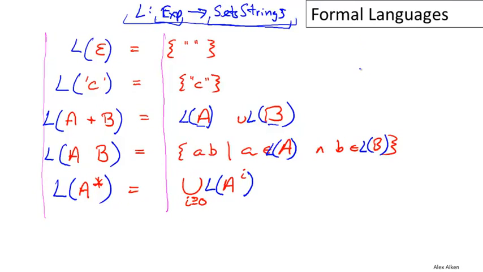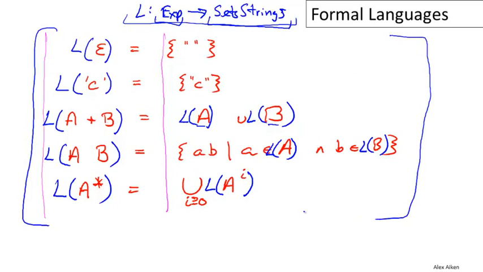And so now this is the proper definition of the meaning of regular expressions, where we've made the meaning function L explicit, and we've shown exactly how recursively we apply L to decompose the compound expressions into simpler expressions that we compute the meaning of, and then compute the sets from those separate smaller sets.